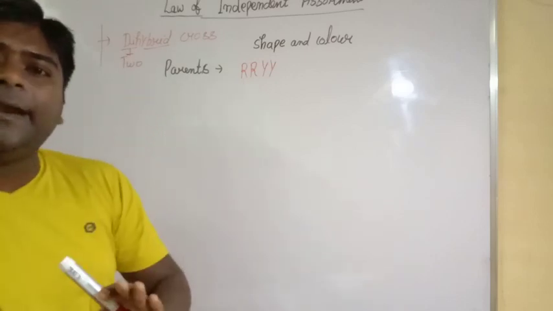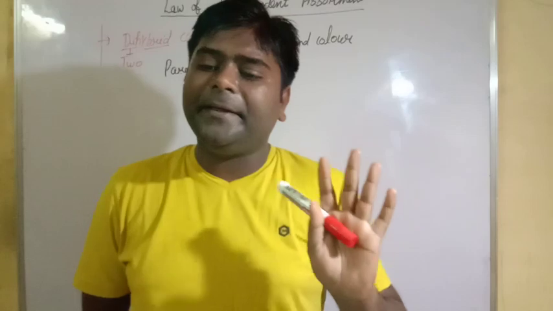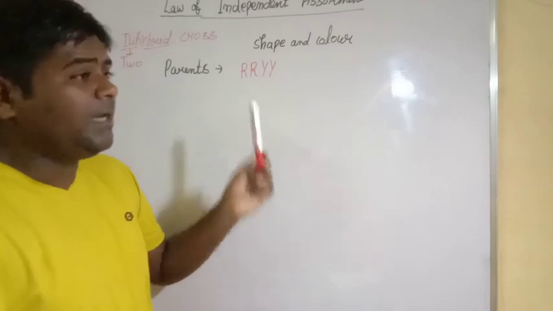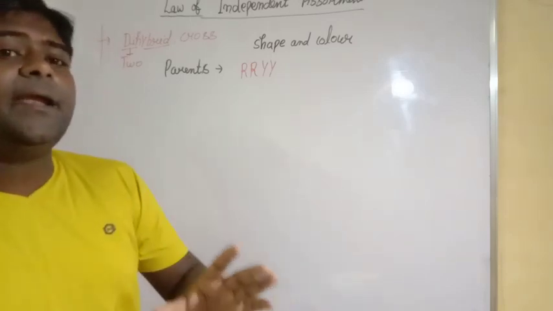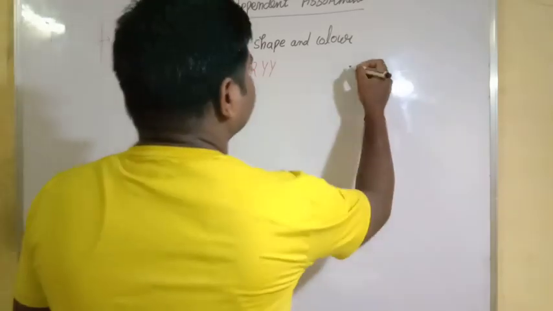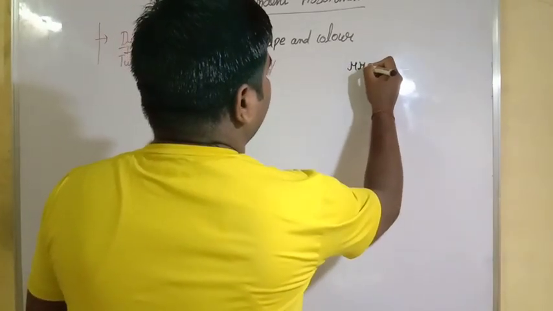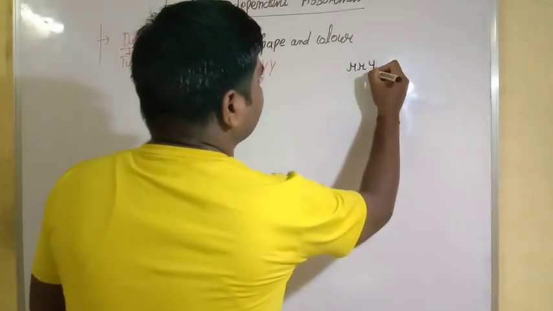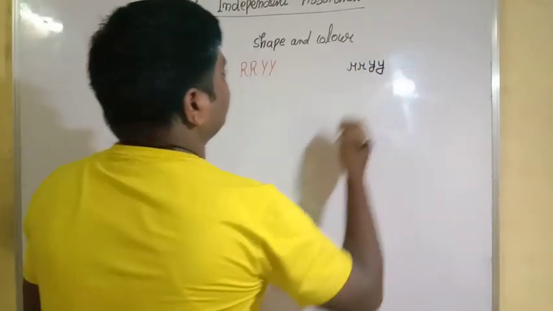Round is dominant. You should go through that table again and again and try to understand which is dominant and which is recessive. And yellow is also dominant for color. And the counterpart, we have to write with a small letter: wrinkled and green.